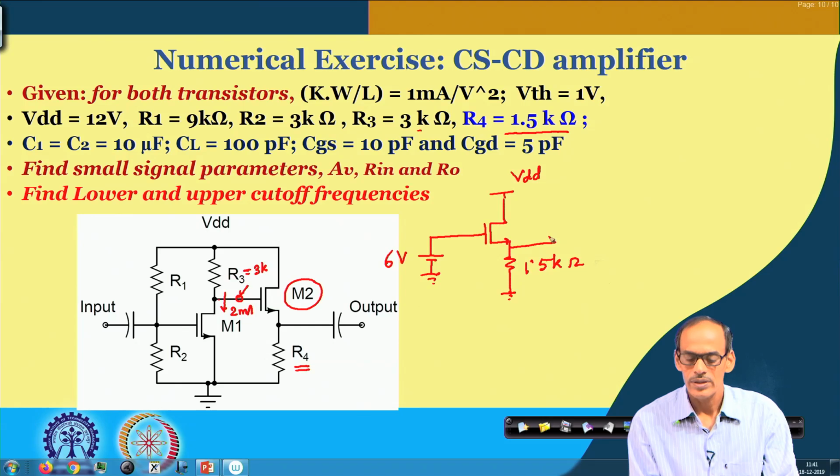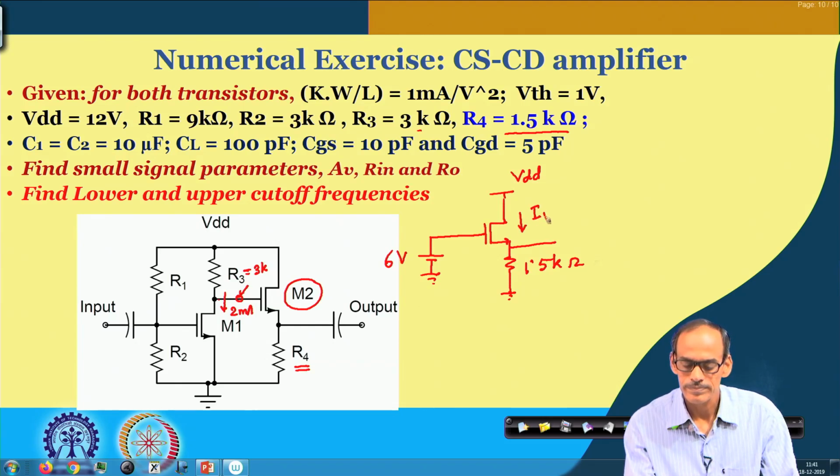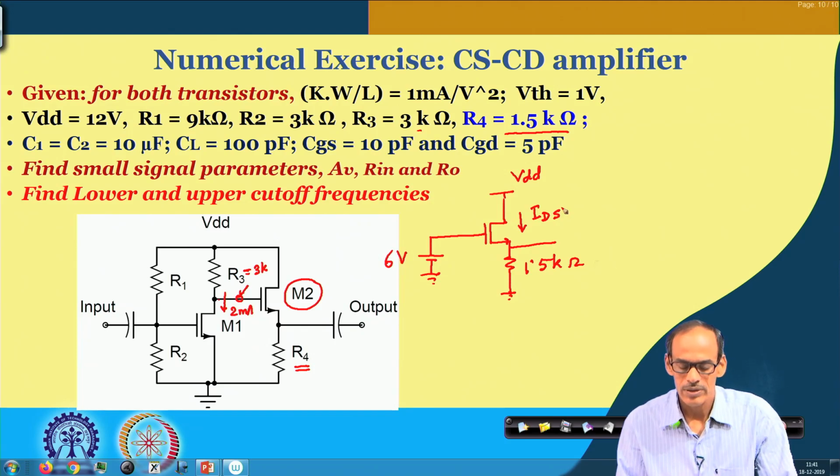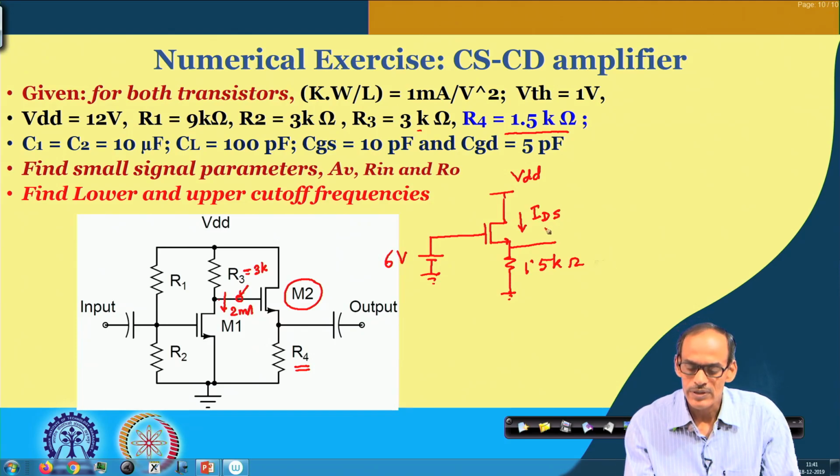Now, how do you find the corresponding current IDS here? So, there is a method. First of all, this IDS flowing through this R4 creates a drop which defines the source voltage here.